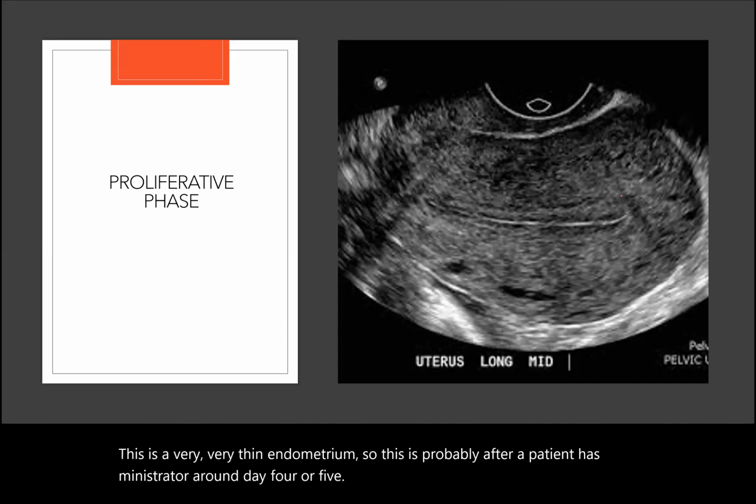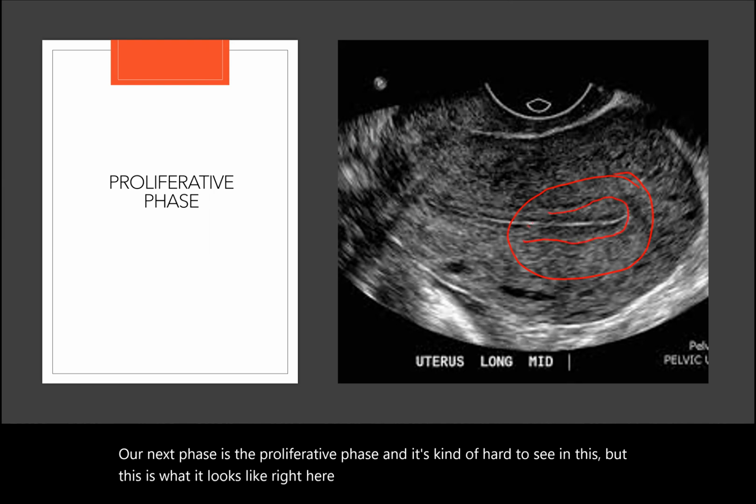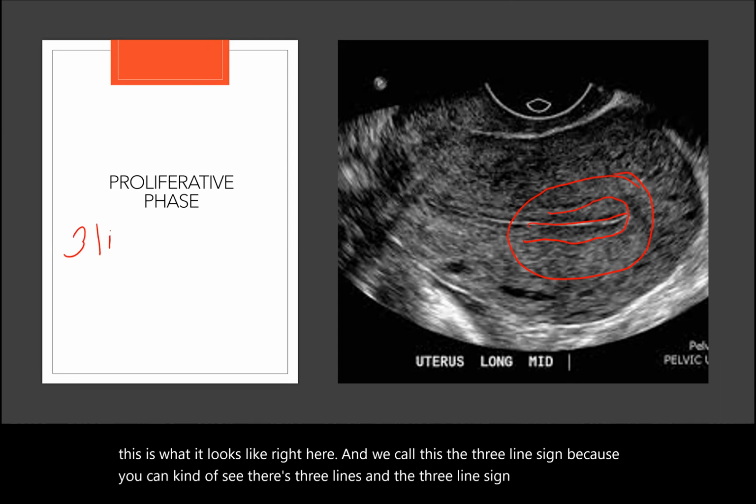Our next phase is the proliferative phase. And it's kind of hard to see in this, but this is what it looks like right here. And we call this the 3-line sign because you can kind of see there's 3 lines, and the 3-line sign correlates with the proliferative phase.